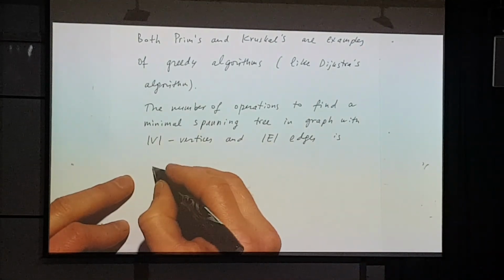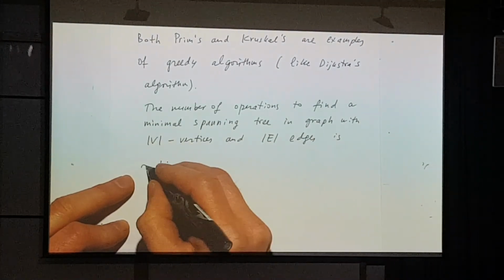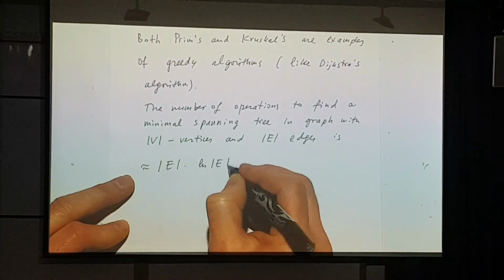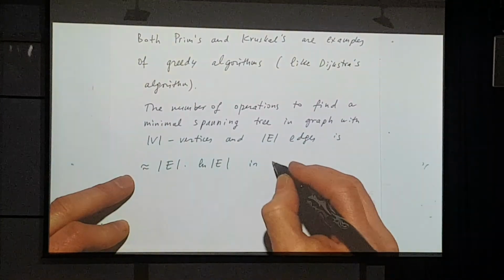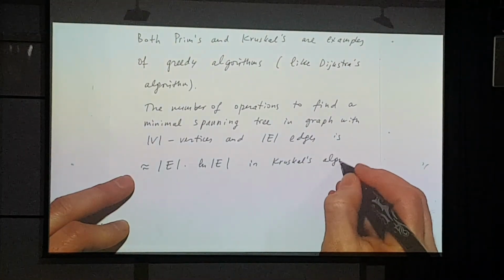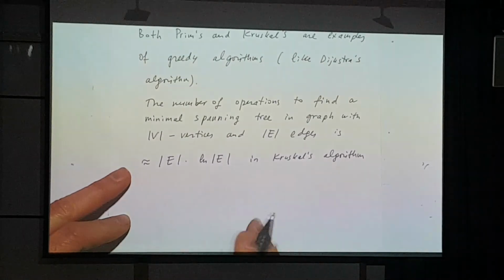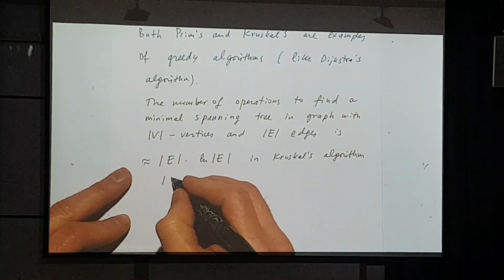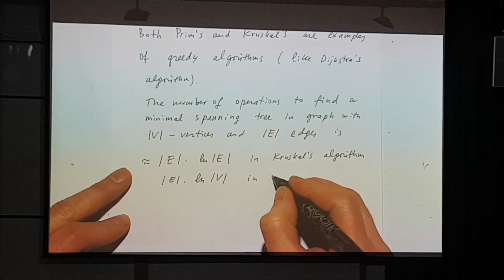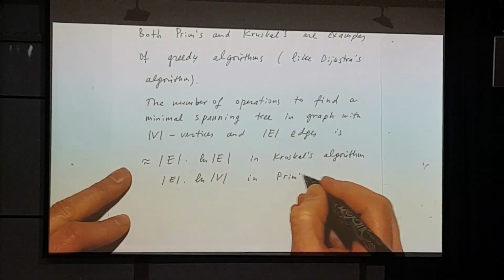It is approximately the number of edges times the logarithm of the number of edges in Kruskal's algorithm, and it's the number of edges times the logarithm of the number of vertices in Prim's algorithm.